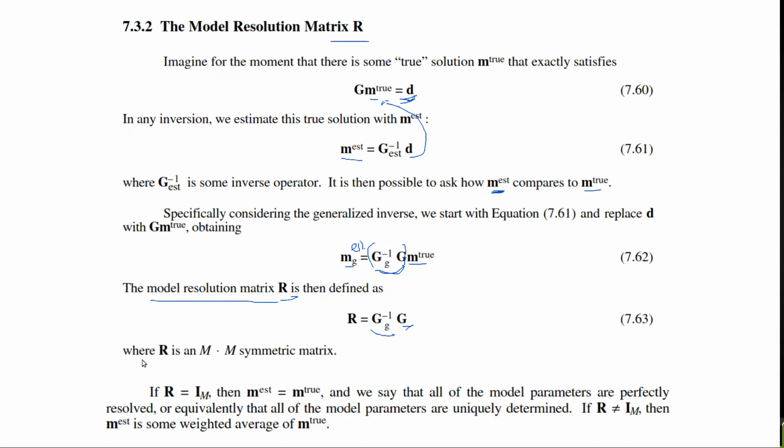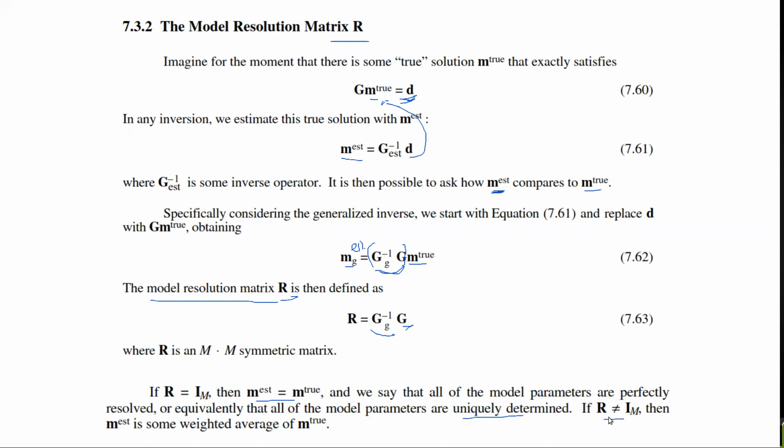Okay, where R is an M by M symmetric matrix, and we say that if R is equal to the identity matrix, then the estimated model parameters are equal to the true model parameters. In this case the model parameters are perfectly resolved, or uniquely determined by the inverse problem.